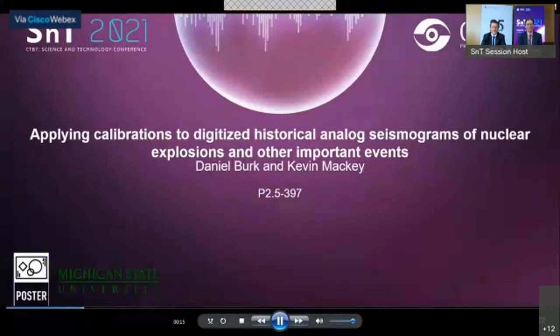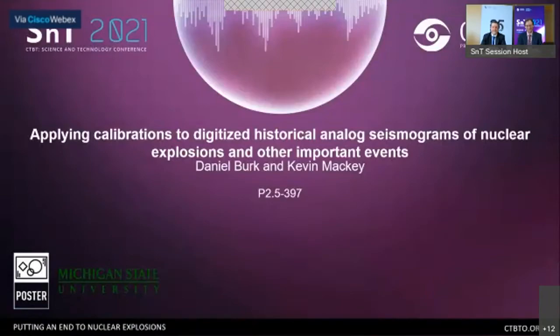This presentation involves the recovery of the metadata that is important for the use of historical seismograms in the context of modern research. Digitization of analog seismograms from past nuclear tests are critical for monitoring because many historical tests occurred within unique and varying geologic environments.